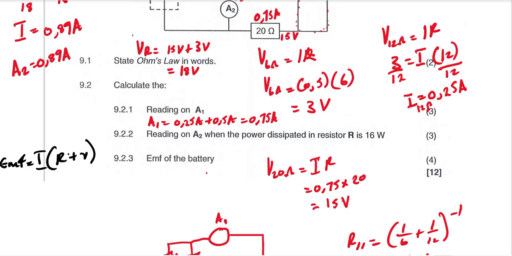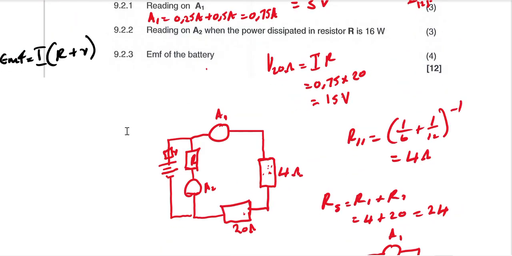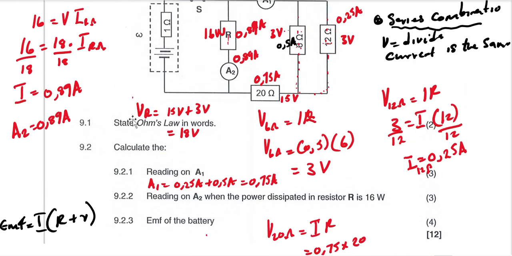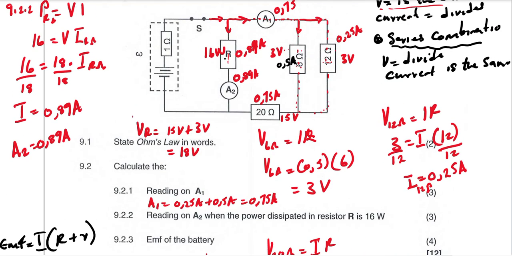Since our R external, we've not calculated it yet, it is this 24 plus this R here. And we are able to find this R. How are we going to find this R? This R is the resistor here.